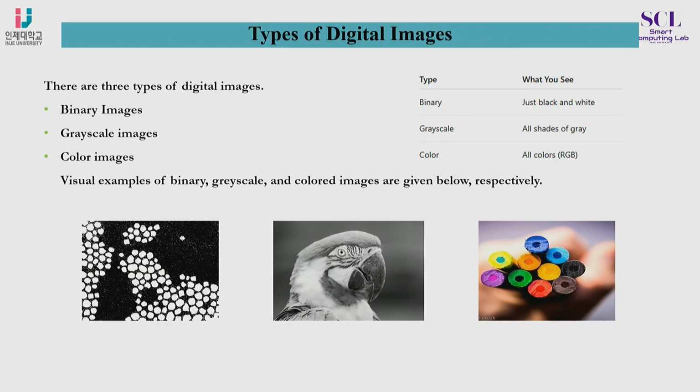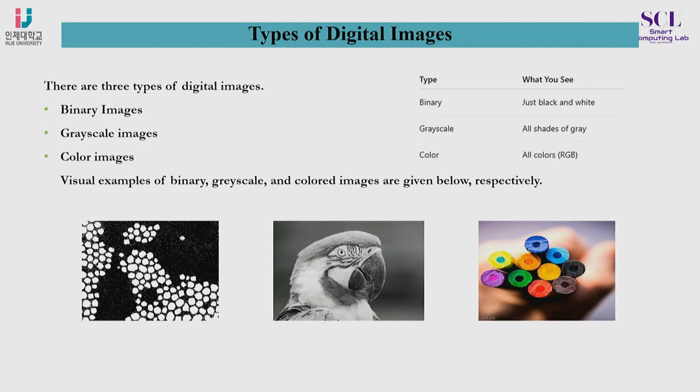Types of digital images: we have basically three kinds of digital images: binary, grayscale, and color images. In binary images, here you can see we have black and white. Black represents 0 and white represents 1 in this case. Grayscale images have different ranges of pixel values.